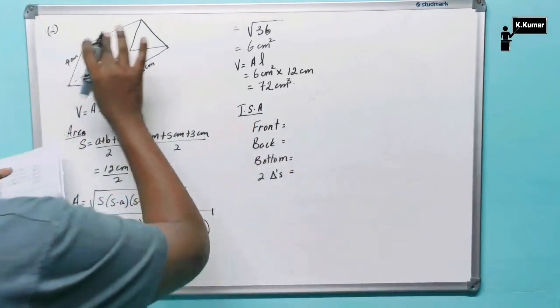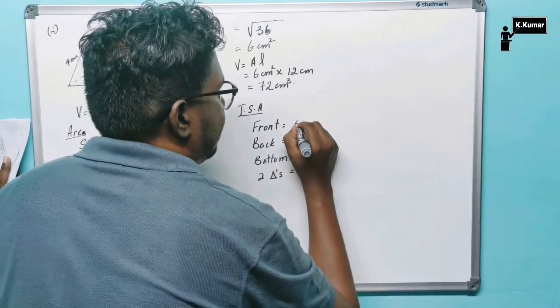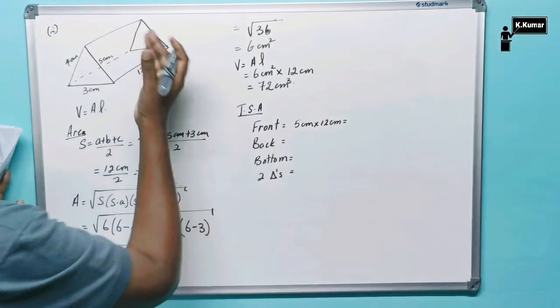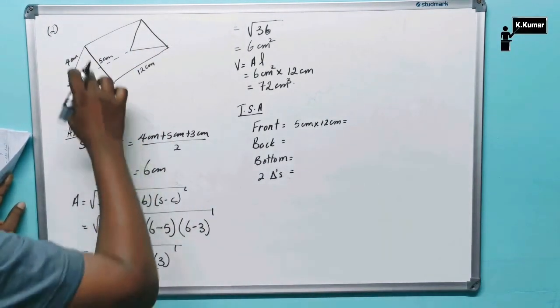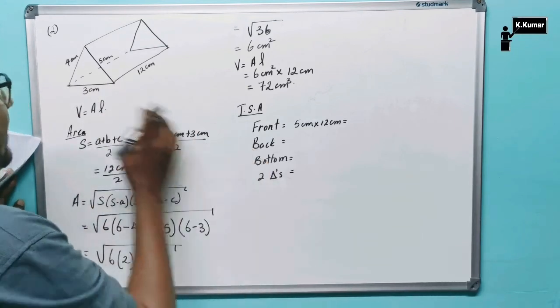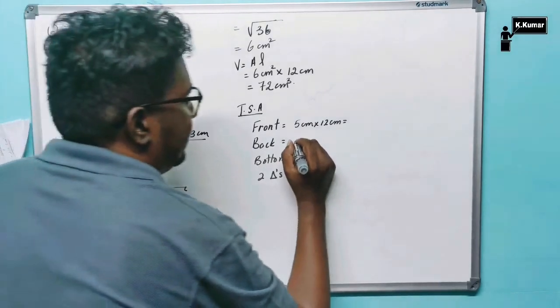Now for the front, let's take this part as the front. That's going to be 5 multiplied by 12. You remember we have 1, 2, 3 rectangular faces, so it's going to be length times breadth, which is 5 times 12. The back, that's the one at the back there, is going to be 4 times 12.